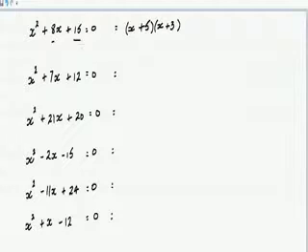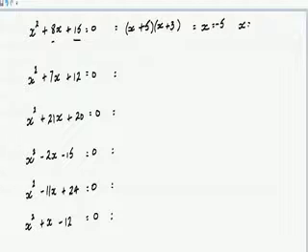Now to solve it is really easy. We've got two brackets, so we will have two x values. All we do is we take the number and we change the sign. On this occasion it's a plus, so we make this a minus.